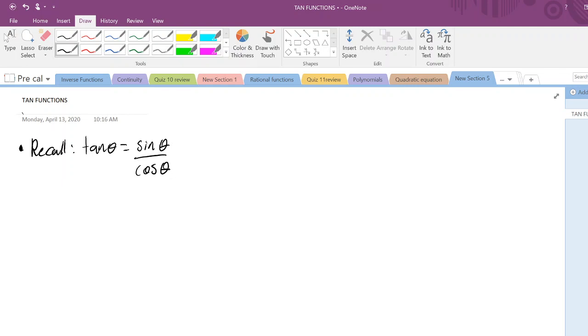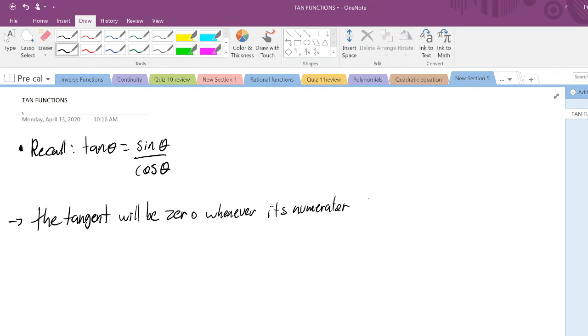One thing you need to know, we've learned this throughout the year, is that the tangent will be 0 whenever its numerator, in this case the sine, is equal to 0.